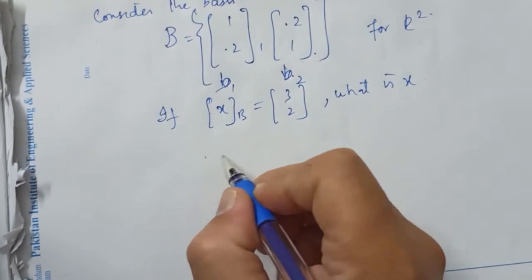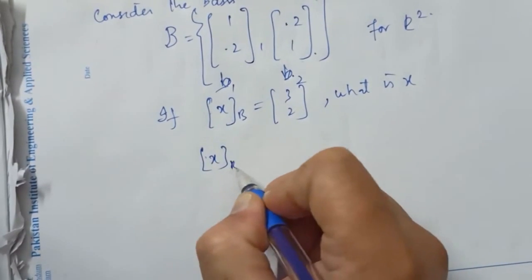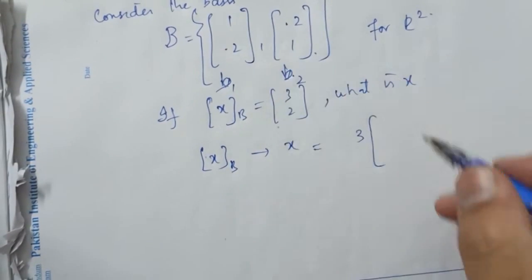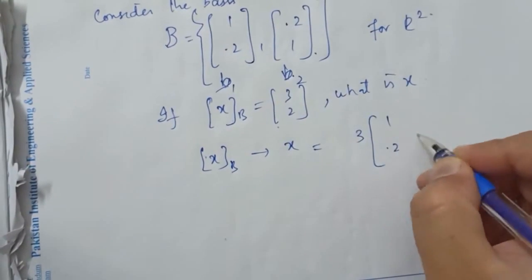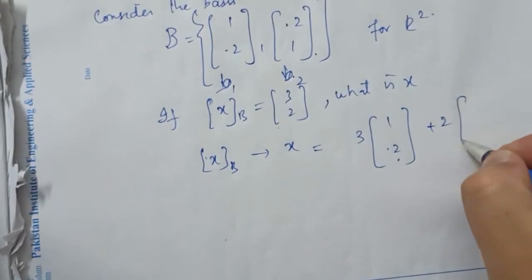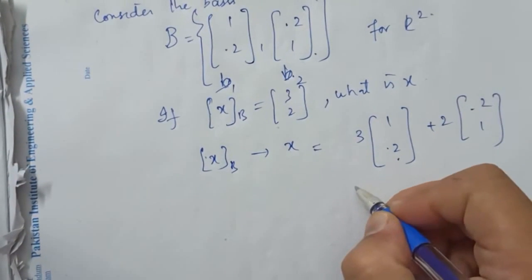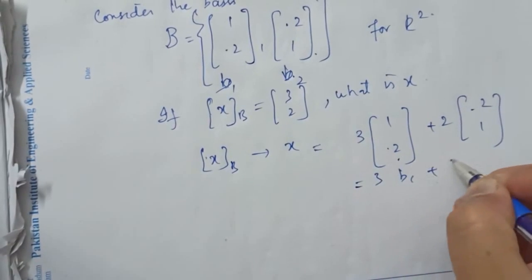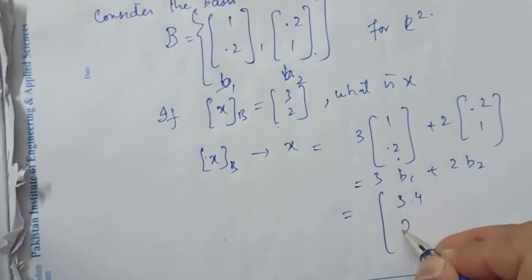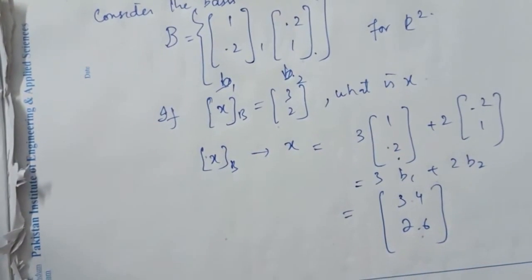So x is nothing but 3 times b1 plus 2 times b2, which is 3b1 + 2b2, and when you add them up, you get (3.4, 2.6).